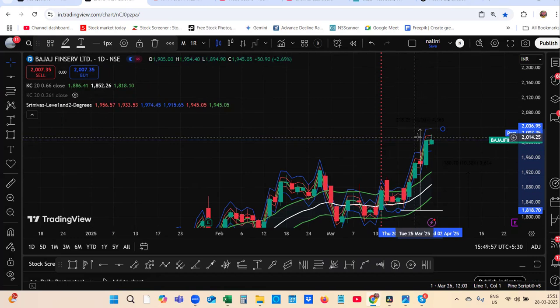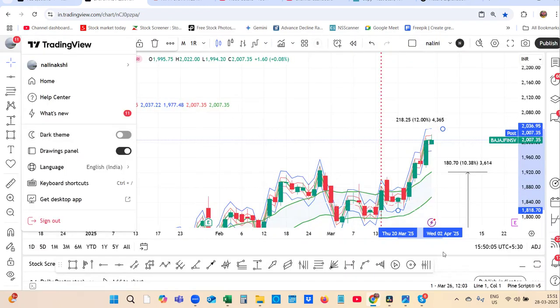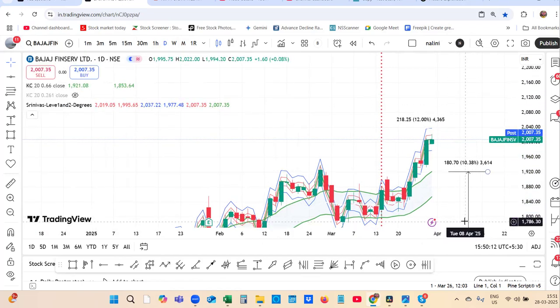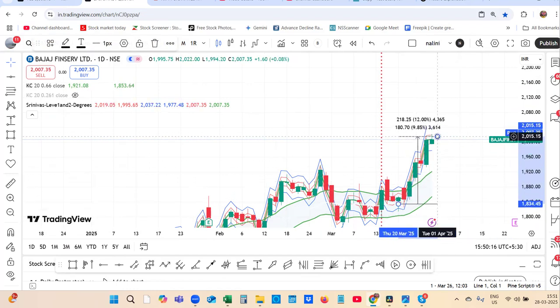Let me change to the original theme so that you can see. In Bajaj Finserv, from here you can see on your own, 10%.